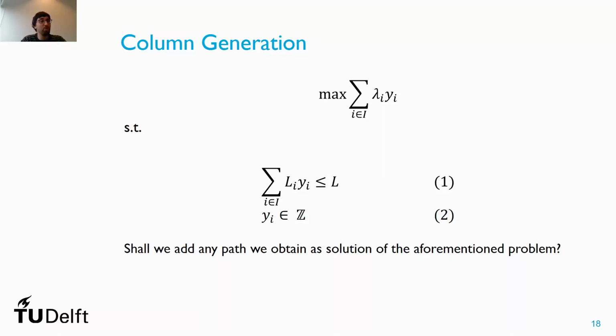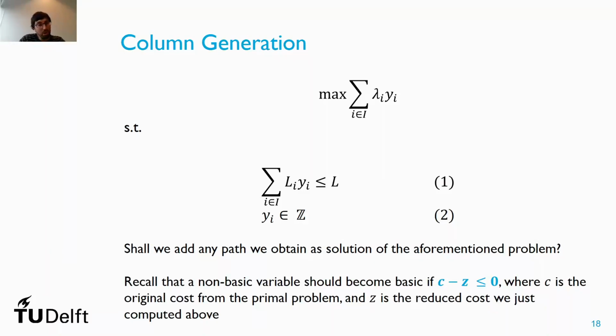But the question is, shall we add any path that results from this maximization problem? Actually, no, because if you recall the dual theory, a non-basic variable should become basic if and only if the reduced cost c minus z is strictly smaller than 0, where c is the original cost from the primal and z is the value we just computed above.